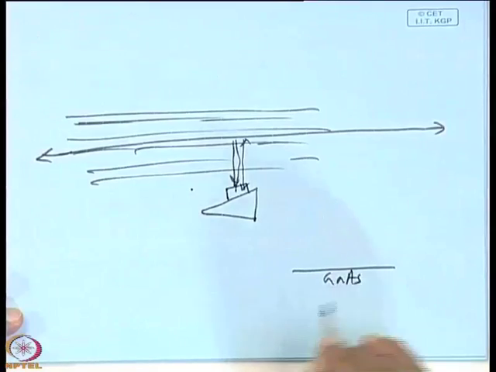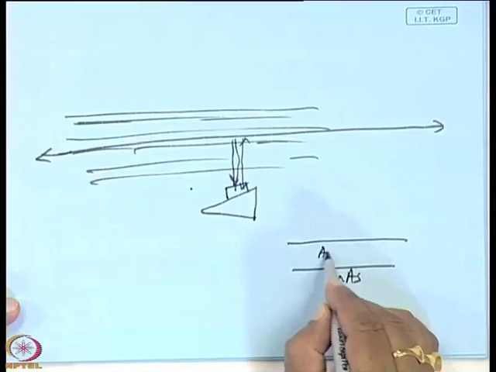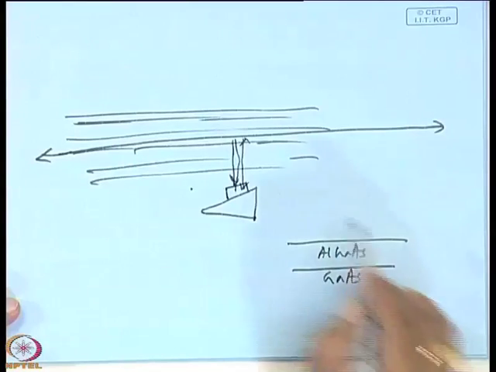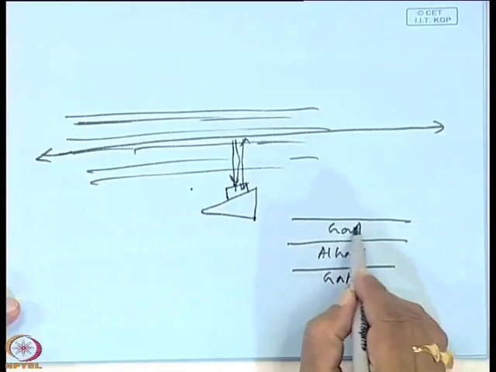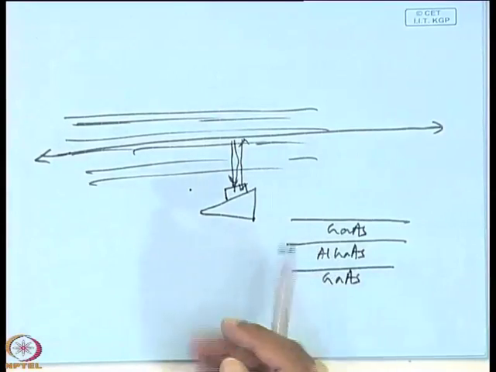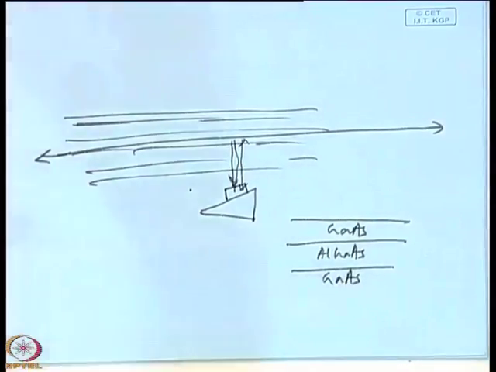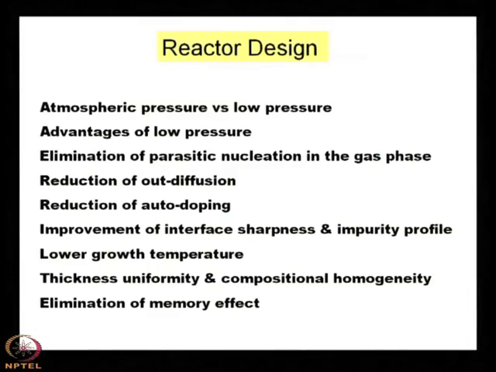layer to another layer. Suppose you are growing aluminum gallium arsenide on gallium arsenide. So, what you are doing? You are first making a gallium arsenide layer, then one aluminum gallium arsenide layer, then again a gallium arsenide layer, because in heterojunction many layers are grown, and that is the advantage of this type of CVD, which is not there for bulk crystal growth.